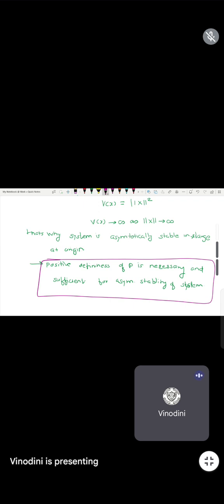If you solve an example and get a matrix P that is not positive definite, when you calculate the determinant it is negative, then you can say it is not asymptotically stable in the large.